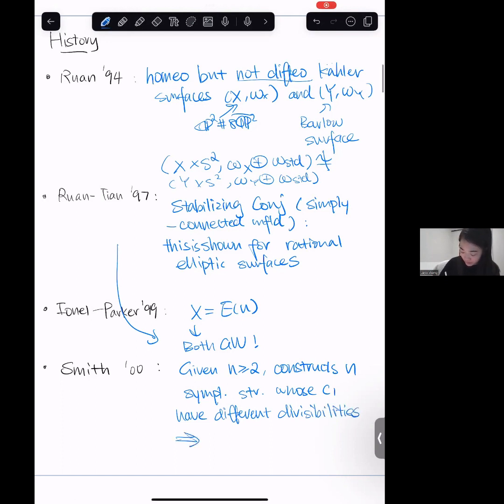So in particular, this implies that Donaldson's question cannot be replaced by T2.